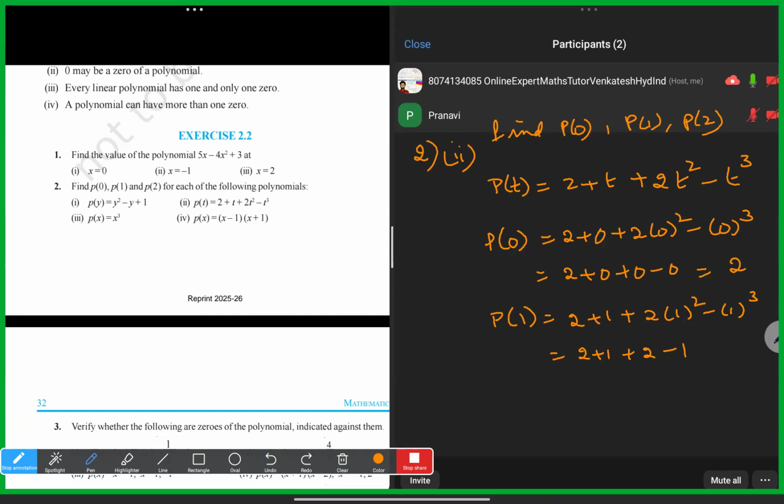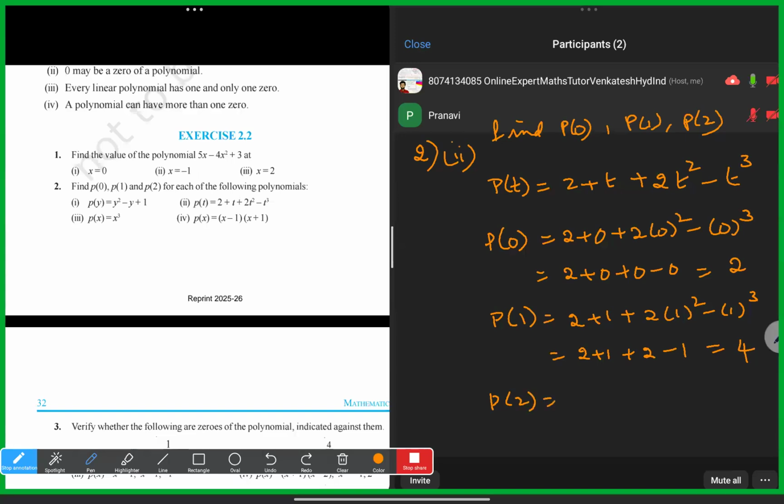Suppose here 2 is there, students are doing 2 into 2 first, 4 square, 16, they are writing. That is wrong. First the bracket square we should finish, and then the outside number. Okay, Pranavi? Yes, sir. So 2 plus 1, and minus 1 will become 0. So 2 plus 2 is 4. Final answer is 4.